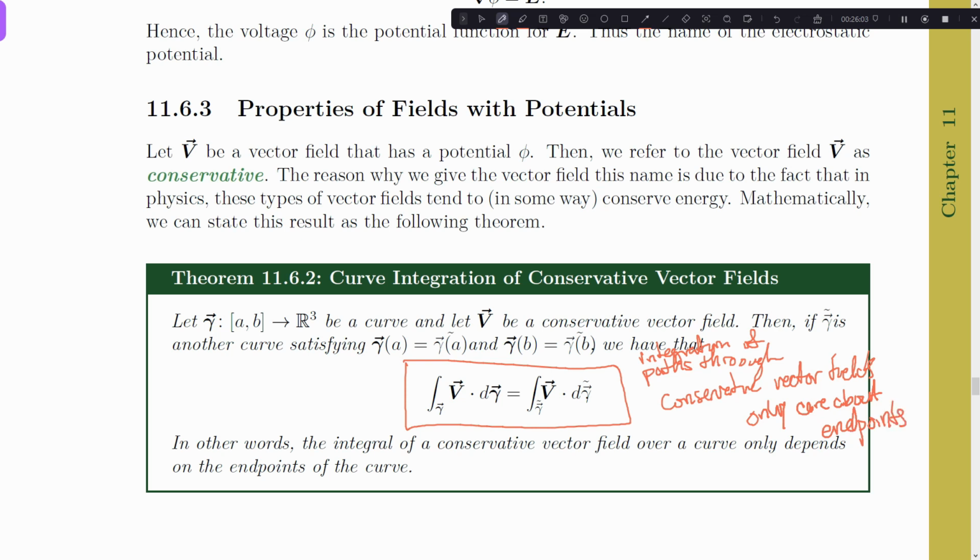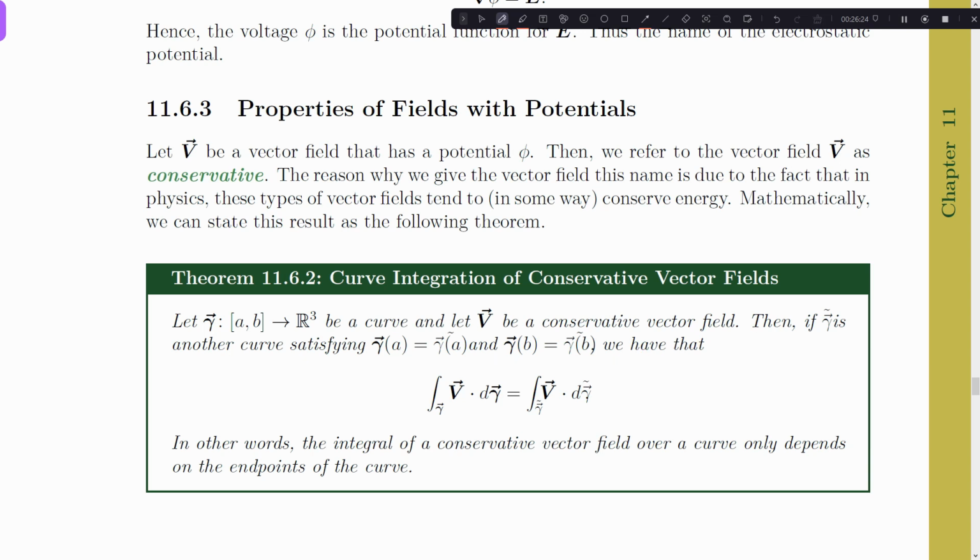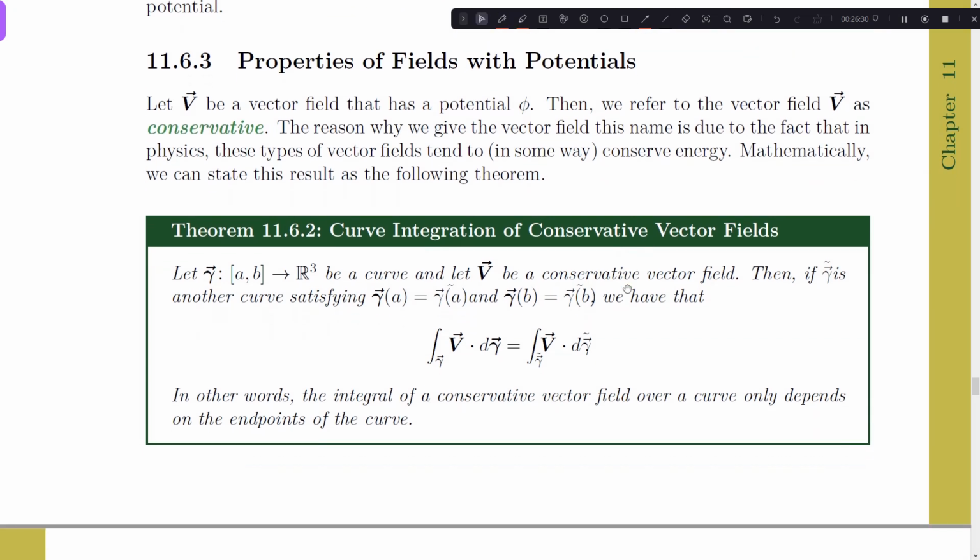So in some sense that means no matter what path I take or a particle takes through a conservative vector field, if I compute its integral, as we were doing with line integrals in the last section, all it cares about is the endpoints. And this is actually a generalization of the fundamental theorem of calculus. And I'll show you why really quick here.